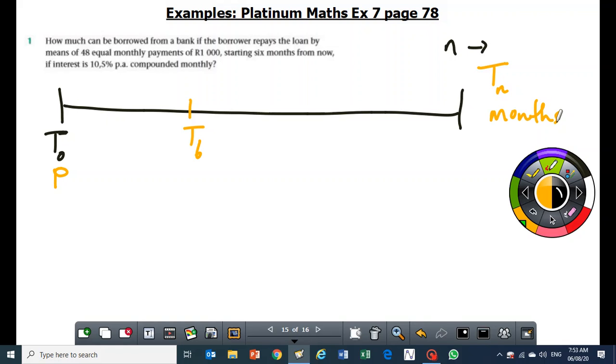So I'm talking about a scenario like this one where you have got your TNs and your months. If I ask you how to determine the number of months if you have got, say, T5, but T naught is excluded?